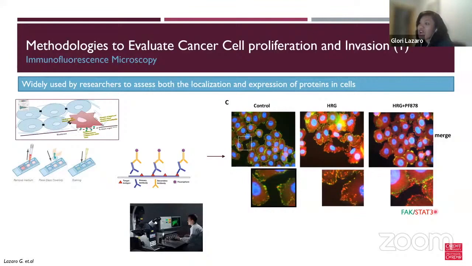And then when you add the drug that I was working on, the PF878, they go back to being separate. So again, this was a clue on how this drug actually works on stopping that migration and invasion of the cell. So again, you can use this technology to understand the mechanism on how your drugs affect the cancer cells.